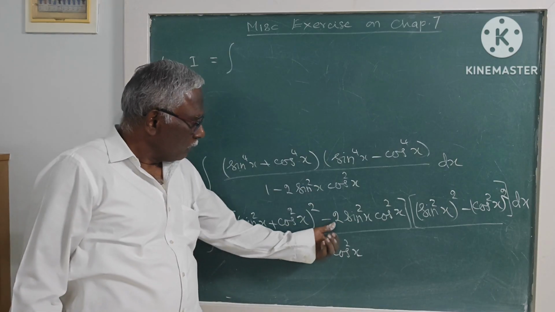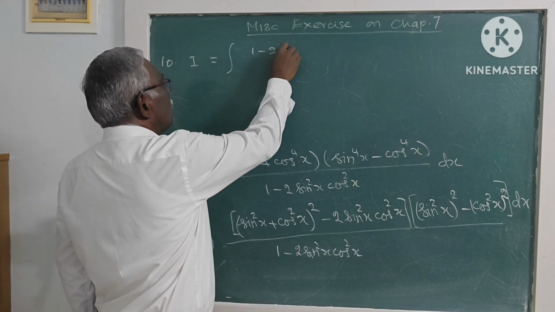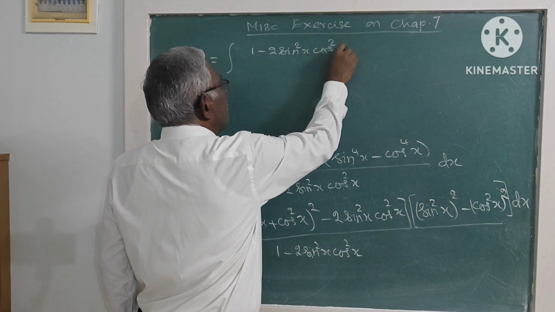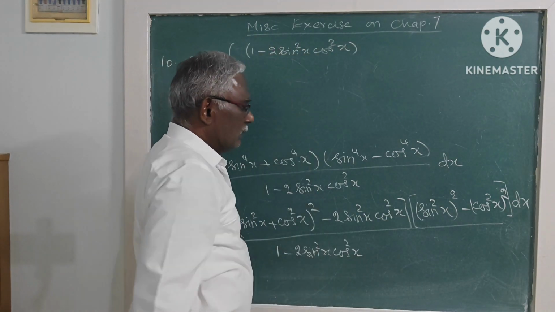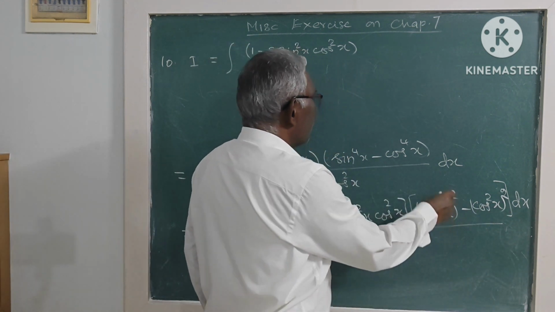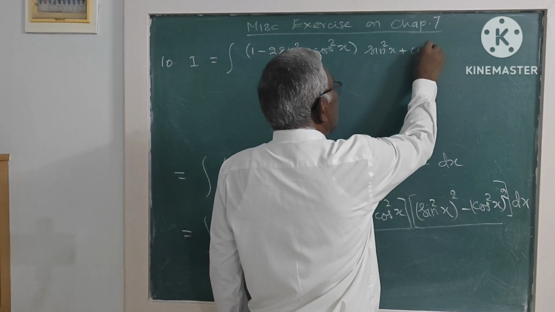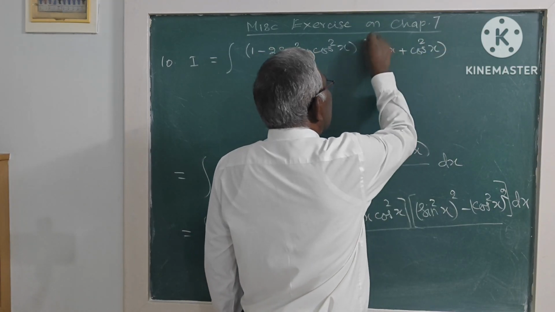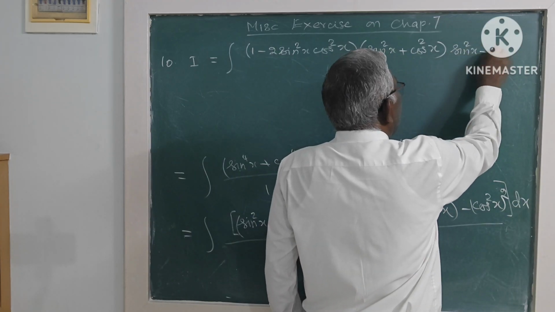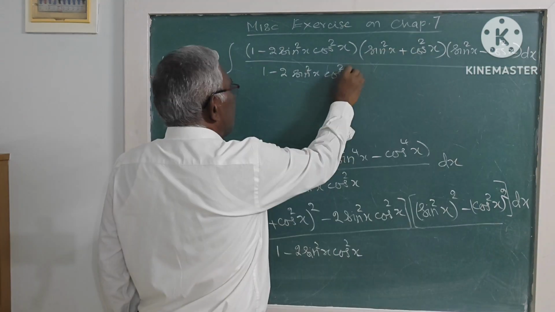So this will become 1 minus 2 sin square x cos square x. a square minus b square form, a plus b, sin square x plus cos square x, into sin square x minus cos square x dx.